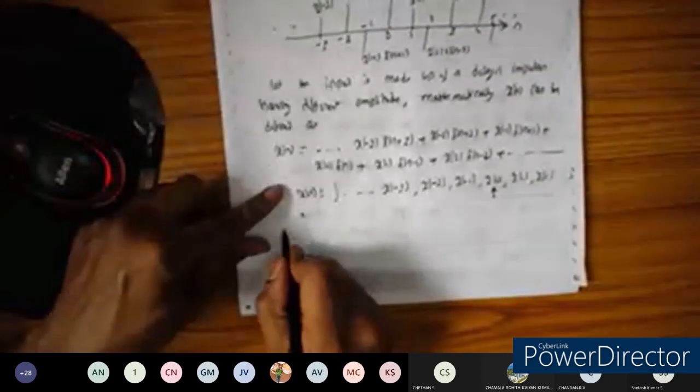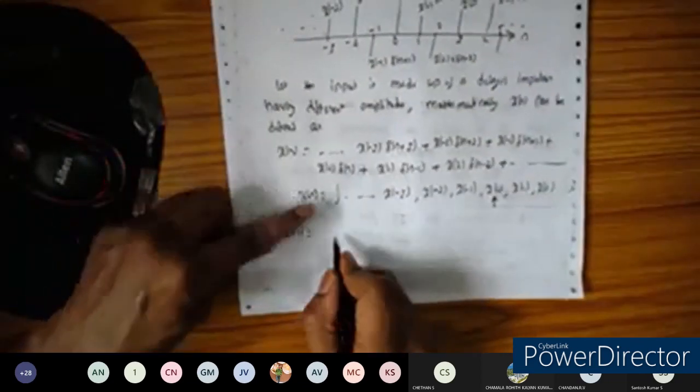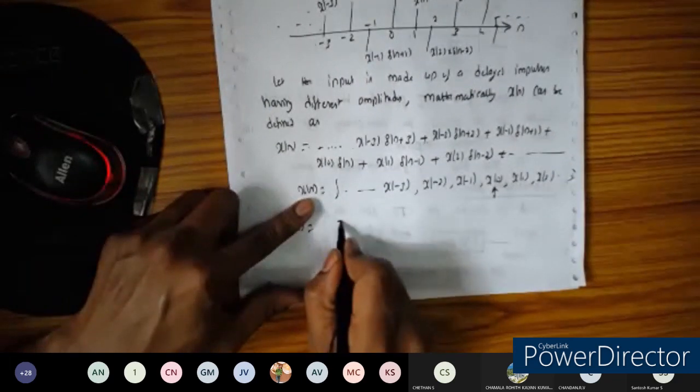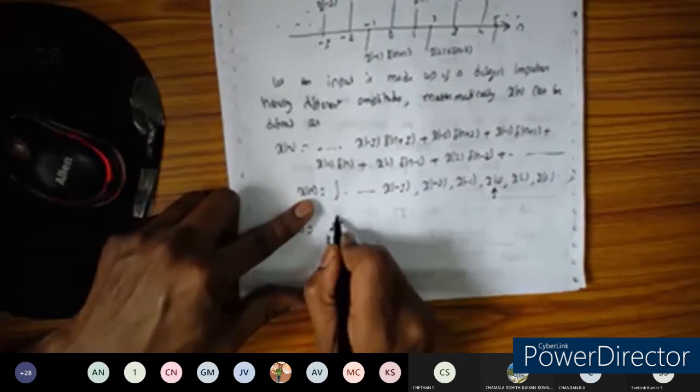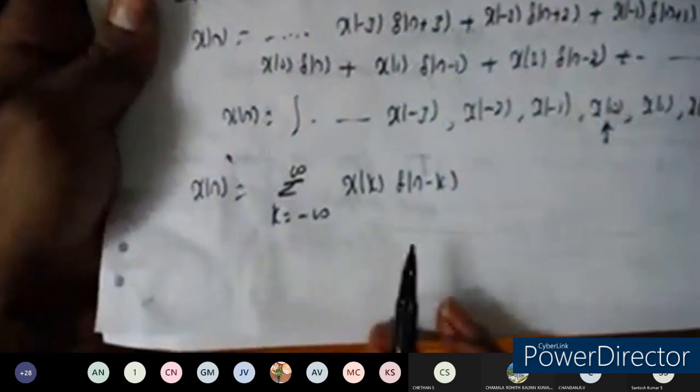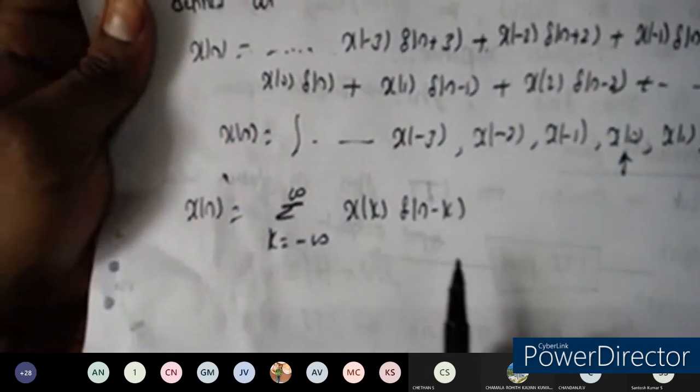So we can write x of n is equal to the sum over k, where k takes values from minus infinity to plus infinity, of x of k into delta of n minus k.